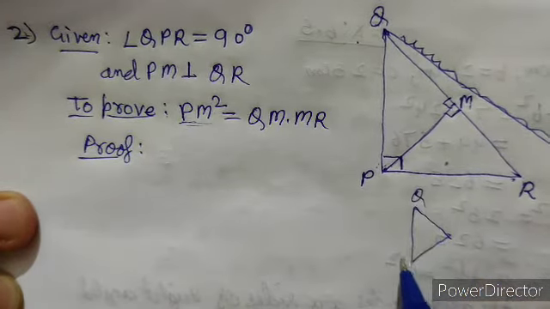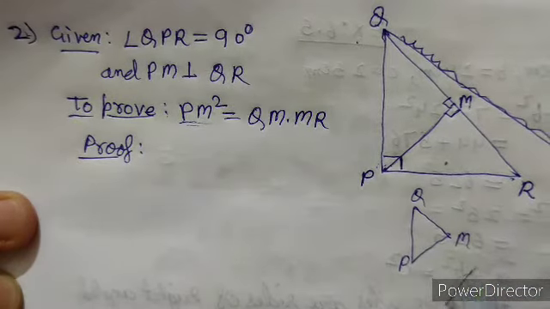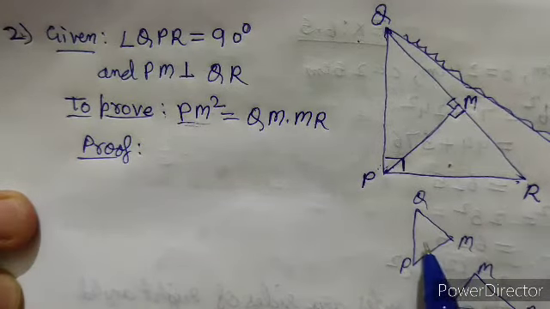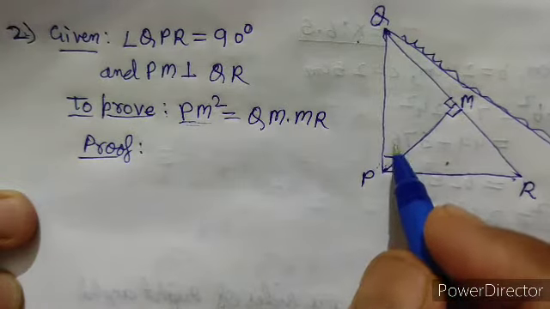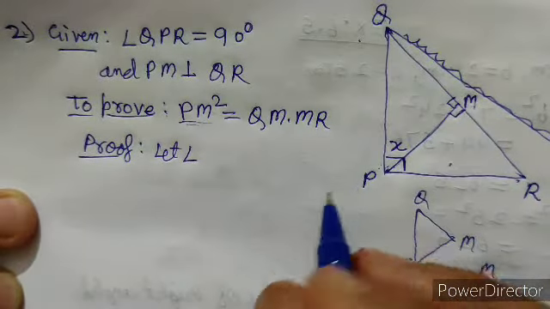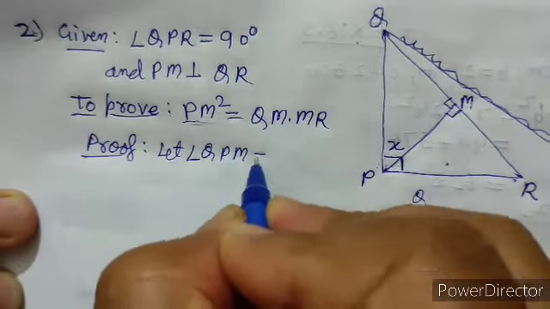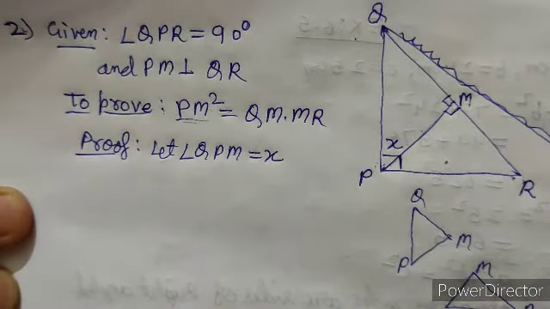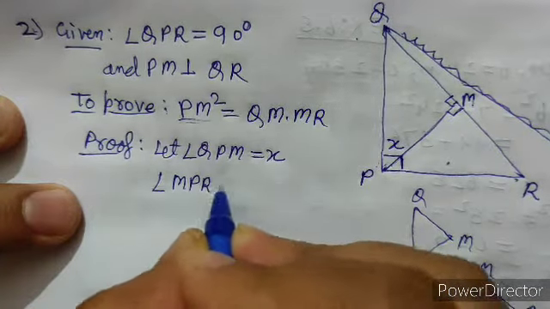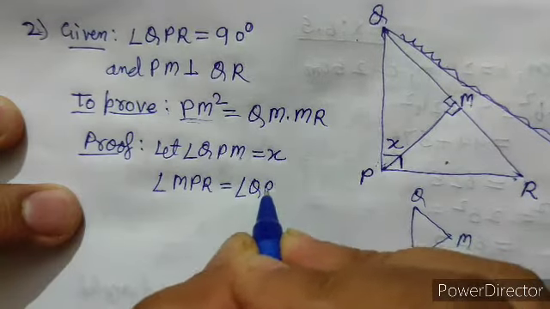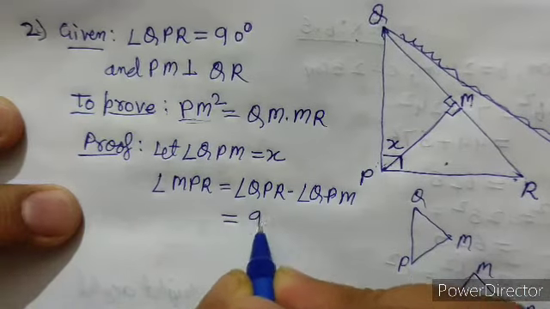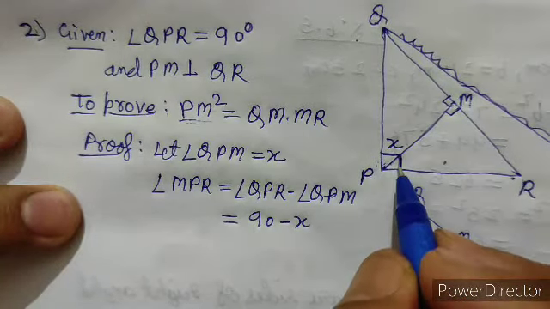One is QPM and another one is PMR. In these two triangles, now if you see here, let angle QPM be equal to X, then angle MPR will be equal to angle QPR minus angle QPM, and that will be equal to 90 minus X, as angle P was of 90.